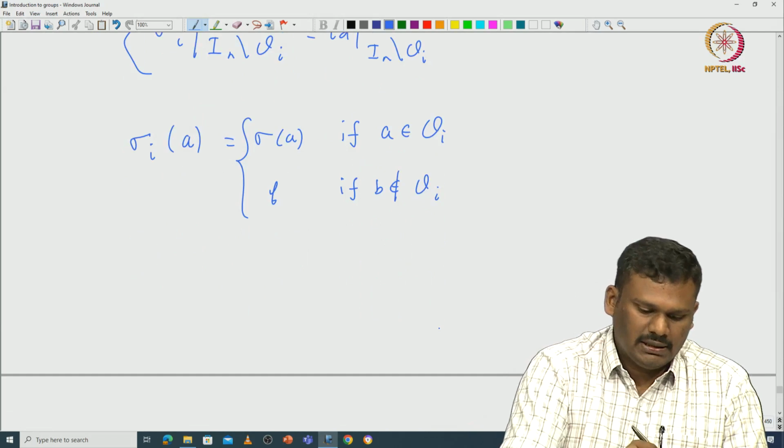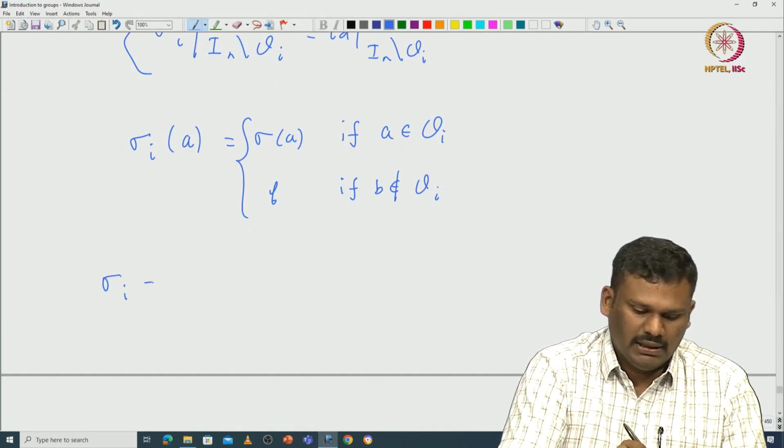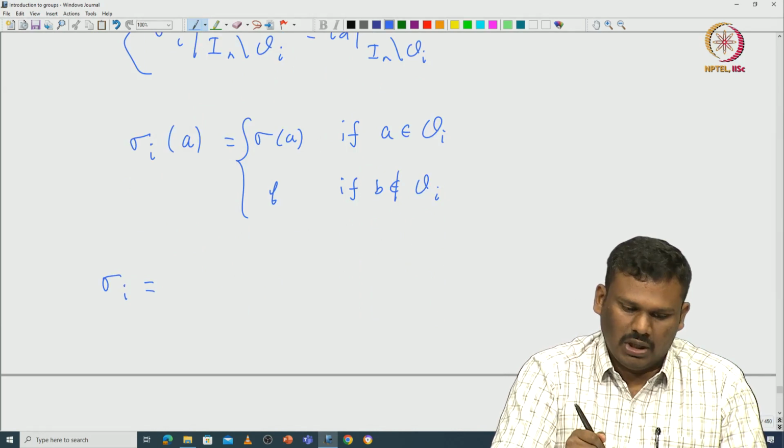Then it is clear that sigma_i is nothing but a permutation on 1 to n.